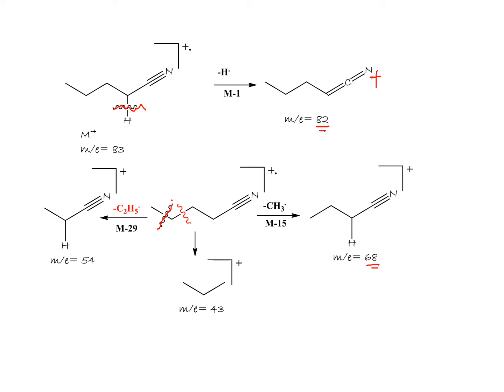If you eliminate ethyl, you get a peak at 54. If you eliminate this species, forming carbon, 3 carbons will give you a peak at 43.